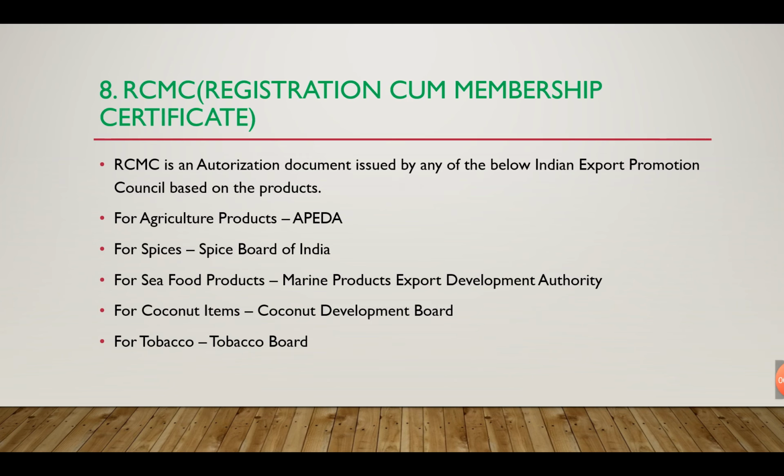For spices, Spices Board of India. For sea products, Marine Products Export Development Authority. Likewise, there are different export promotion councils for each type of product, and you need to get the RCMC based on your product.